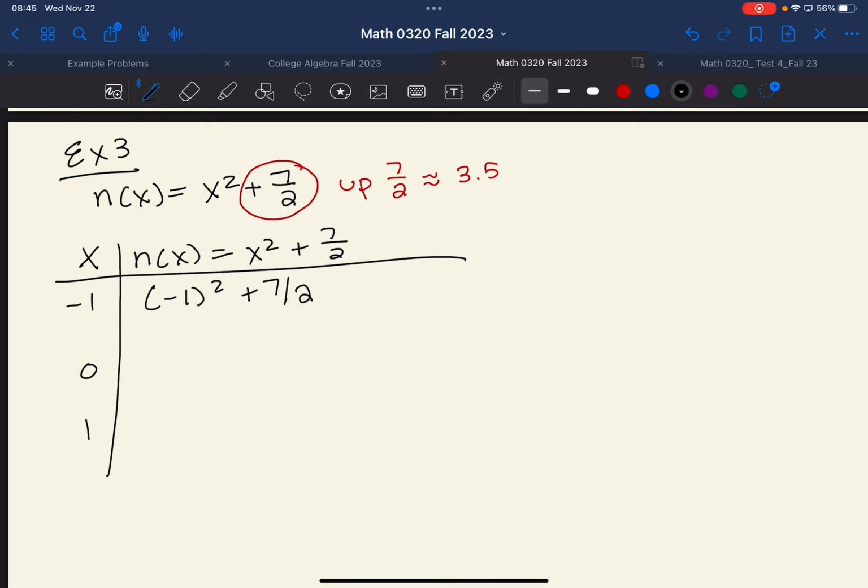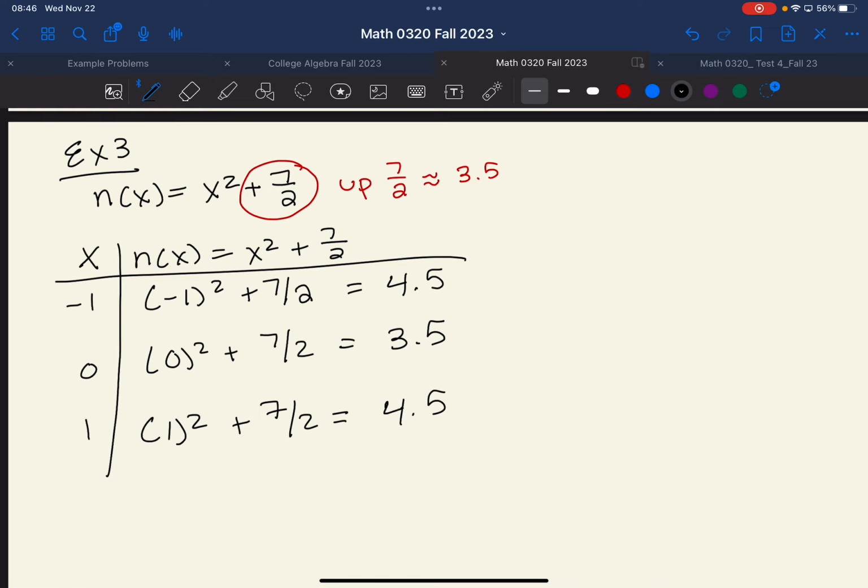So that's 1 plus 7/2, which we said is about 3.5, so this is 4.5. And then 0 squared plus 7/2 is 3.5. And 1 squared plus 7/2, remember, is going to match our other side of our parabola at -1, so it's 4.5.